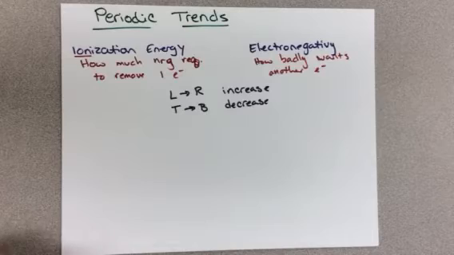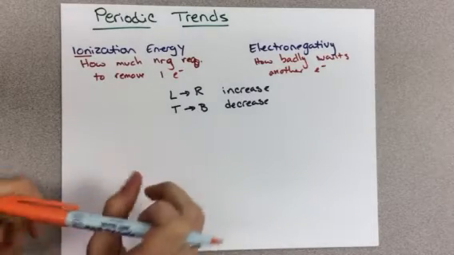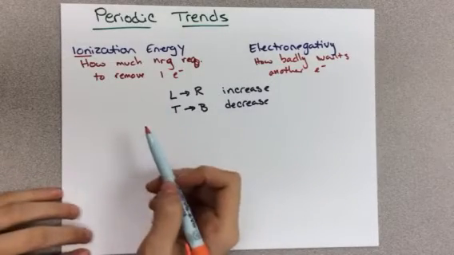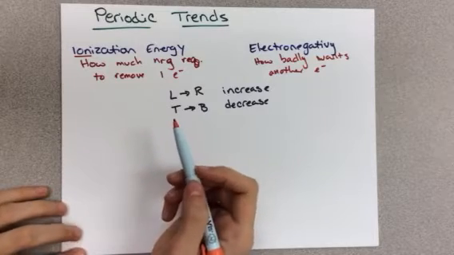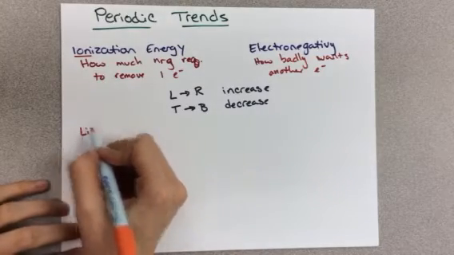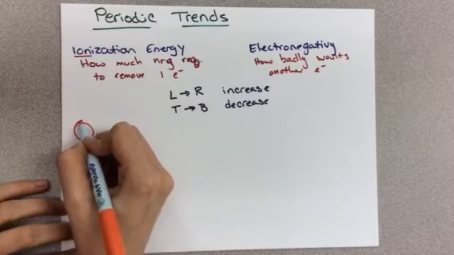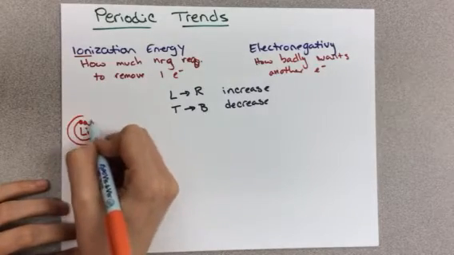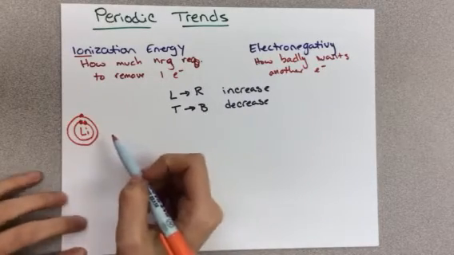So when you're looking at ionization energy, you're looking at how difficult it is or how much energy is required to remove an electron. So let's look at lithium, which has 2 electrons in its first shell and 1 electron in its outer shell.